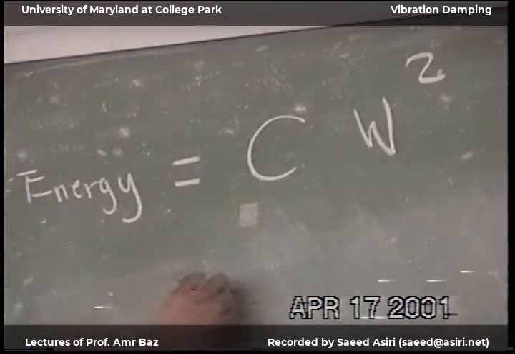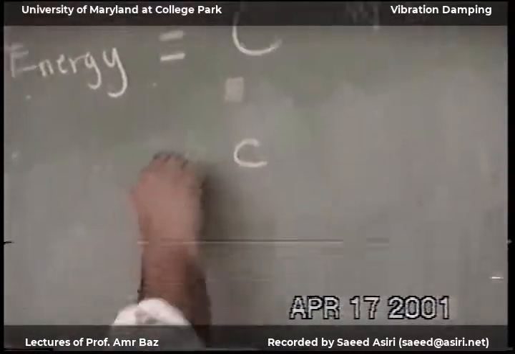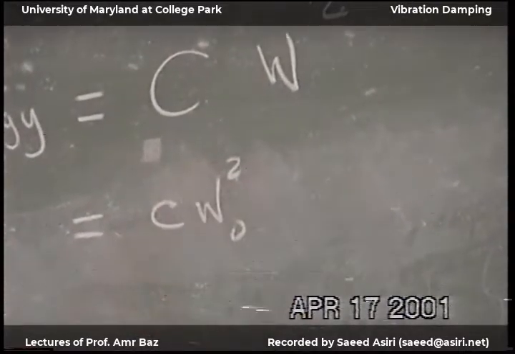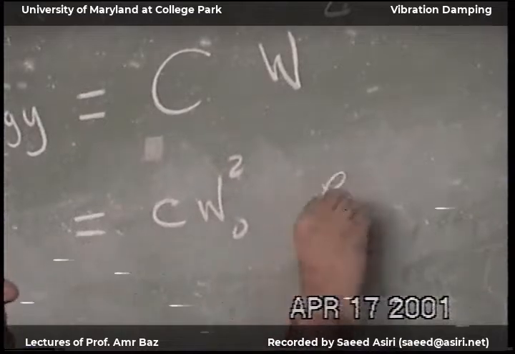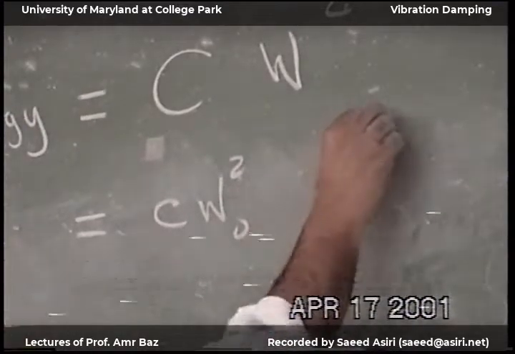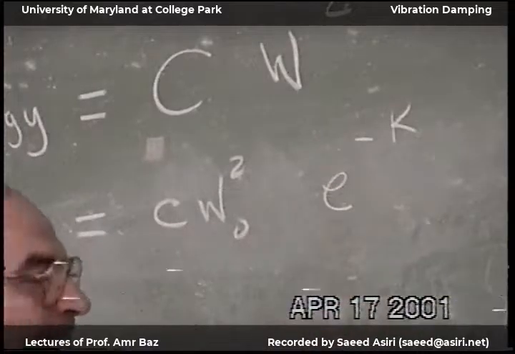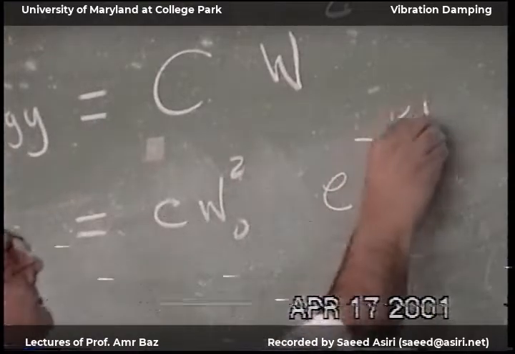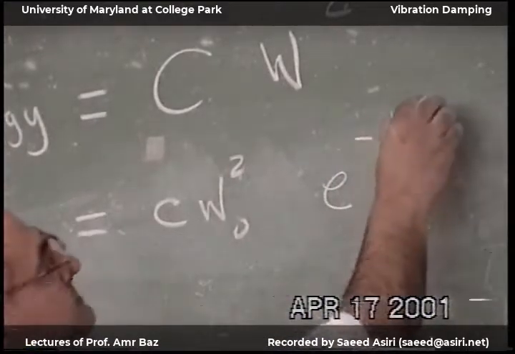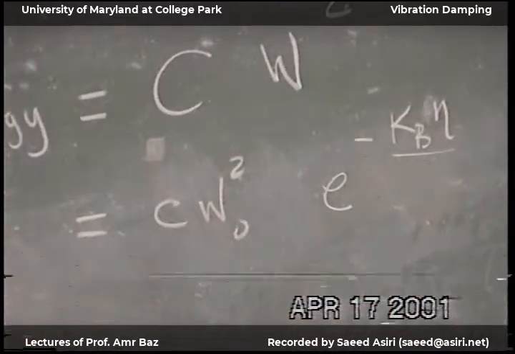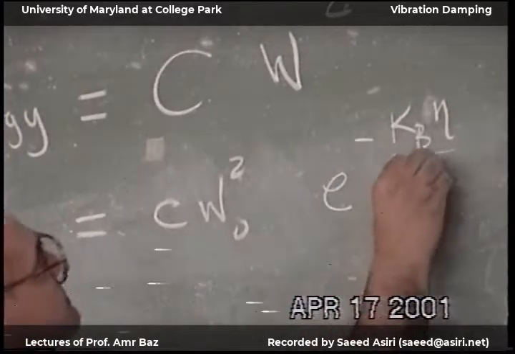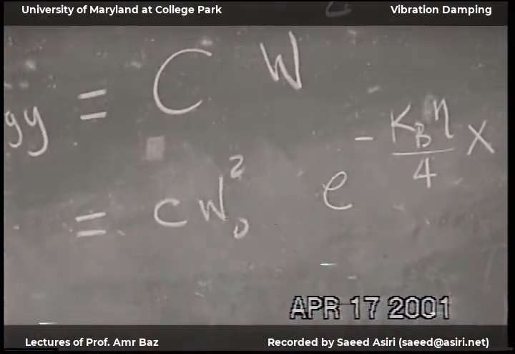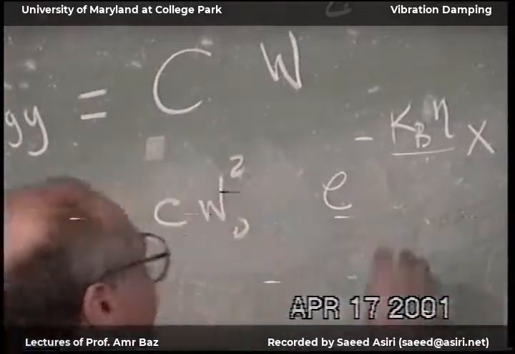So this will equal to some number W0 squared e to the minus k b eta over 4, I'm sorry, over 2 because it's squared. Next.